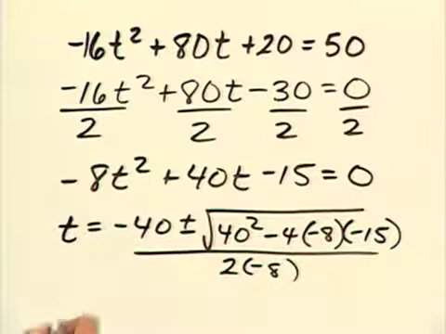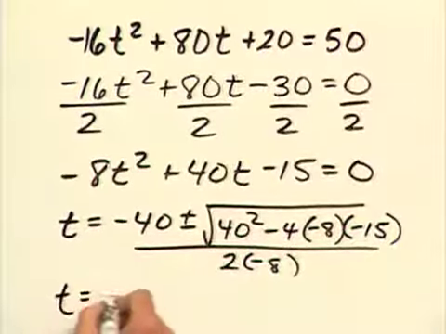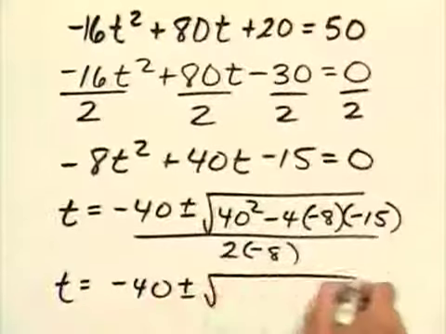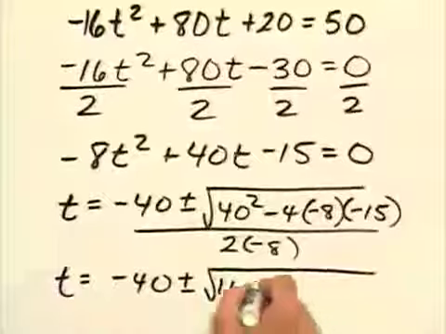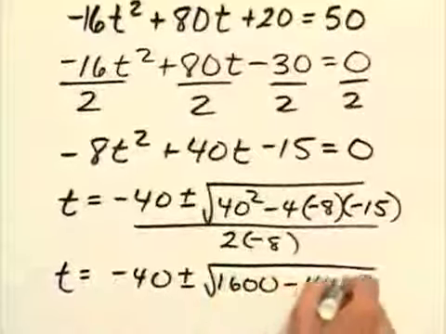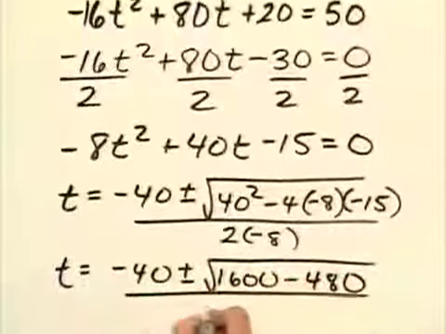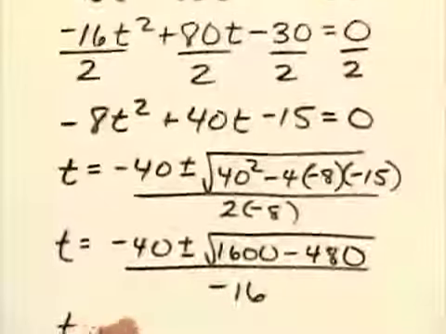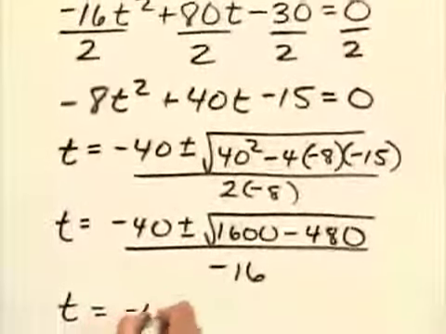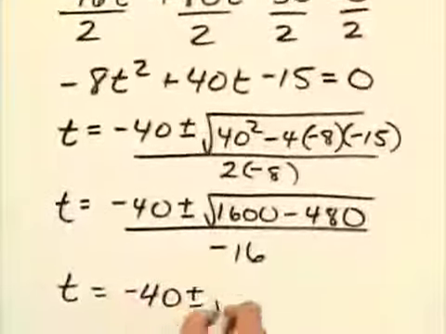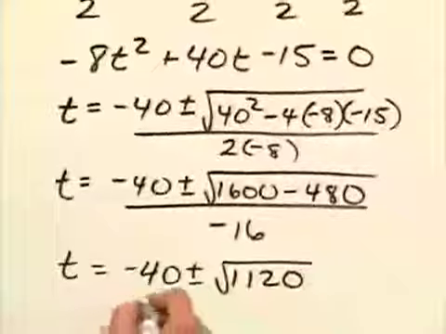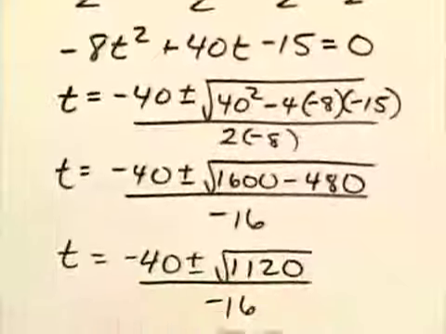Now, if I simplify this, I get t is equal to negative 40 plus or minus the square root of 1600 minus 480, all divided by negative 16. And if I keep going, I get t is equal to negative 40 plus or minus the square root of 1120 divided by negative 16.